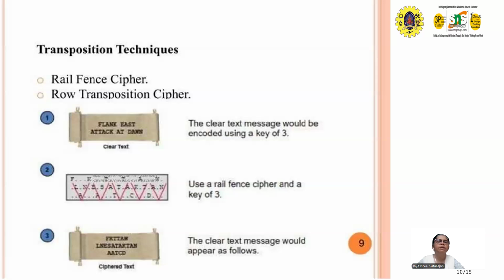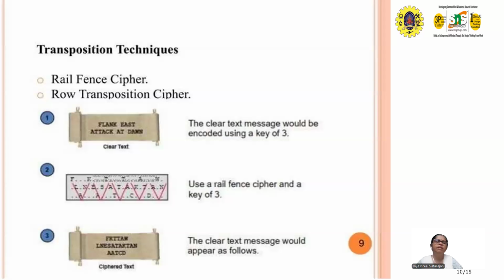See how it is written: FLANKEASTATTACKATDAWN. Just write it in a 3-row format, like a W. See, this is a zigzag, written in 3-row format.